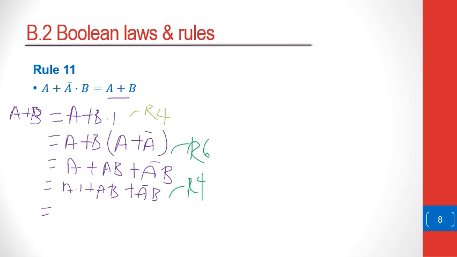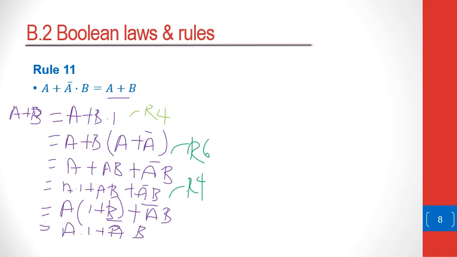Then we can make a bracket here selectively, A or B or A bar B, right? Then according to rule number 2, we can have this as A or 1 plus A bar or B.